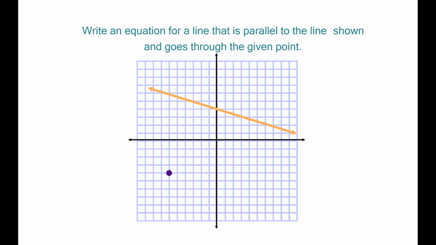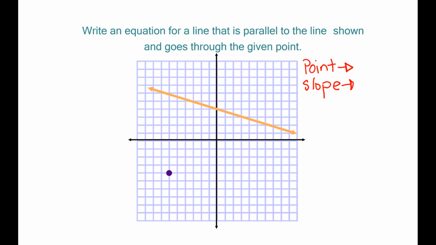One last problem. Sometimes instead of being given the equation and the point in the form of a sentence, you might be given it in the form of a graph. So we still need to have the point that it's going to go through, and we need to know what the slope is. If we know it's going to be parallel, we need to know what the slope of the other line is.